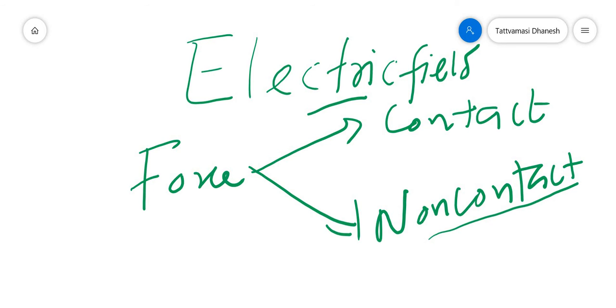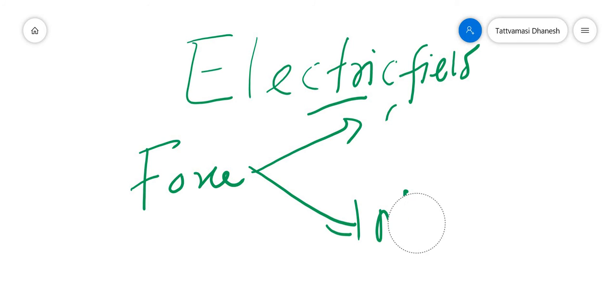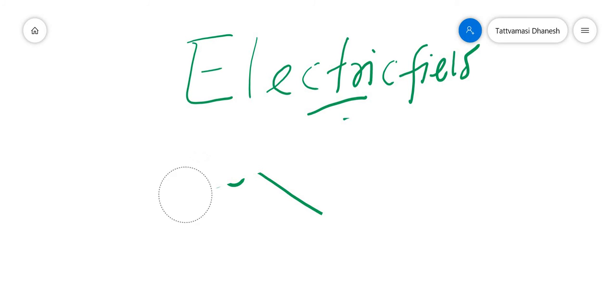You understood the concept? In the case of non-contact force, we always introduce the concept of field. You might have heard of gravitational field, electric field, and magnetic field. So field means that region. For example, when you consider a magnet, there should be a region surrounding the magnet where you will get force of attraction and repulsion.